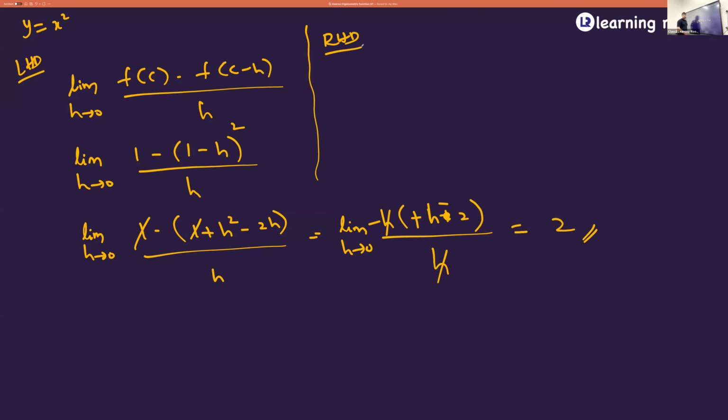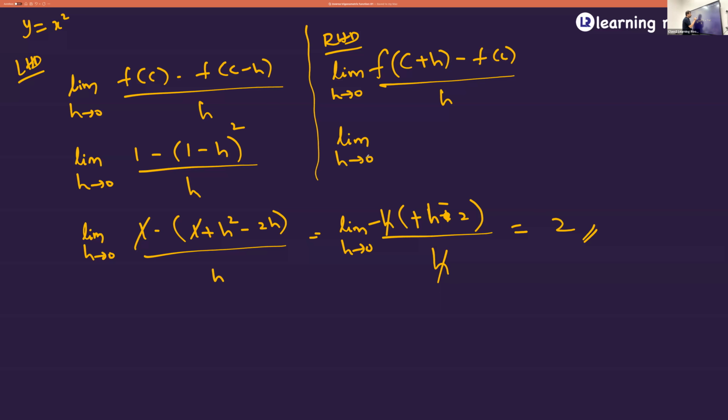So right hand derivative is limit h tends to 0, f of c plus h minus f of c by h. Right. So limit h tends to 0, f of c plus h is 1 plus h the whole square minus 1 by h. Actually, it is 1 square for your clarification.